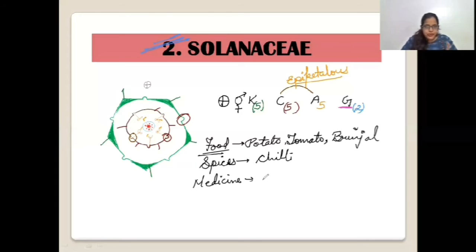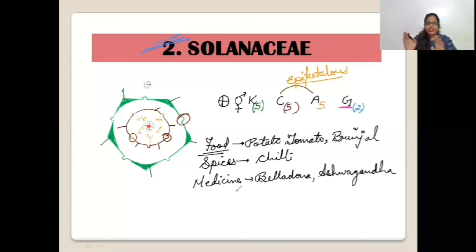Medicine includes two examples. One is belladonna, and another one is ashwagandha. Nothing in detail is required, like what their uses are. Just remember belladonna, ashwagandha, Solanaceae family, medicinal uses.